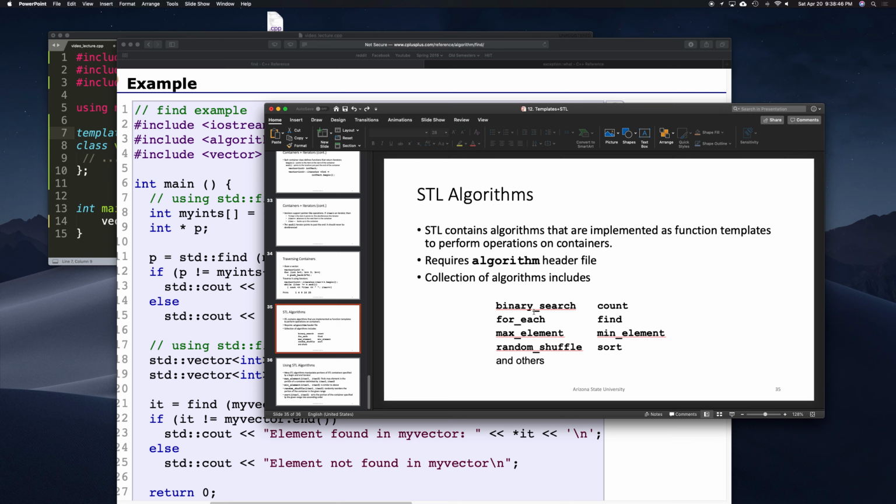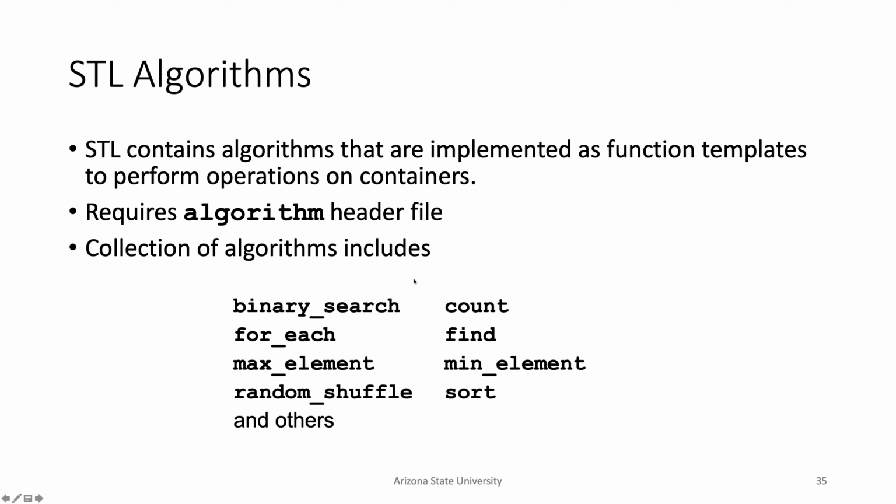There are other algorithms in the standard library. So binary search, there's one built in, and we talked about that before. For each: if we wanted to do some operation on each of the values in, say, a vector, we can call for_each, and then pass in a function object or a lambda corresponding to what you should do for each of those elements.